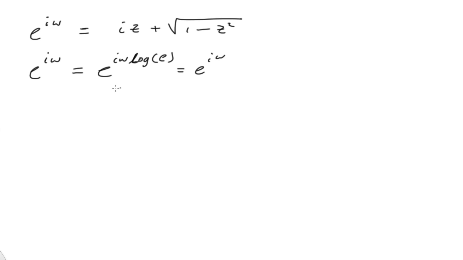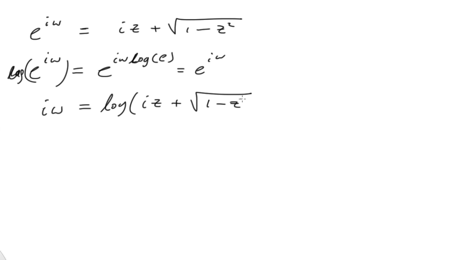But another way to put this is that we can take the complex log of the whole thing and then get out e to the iw. But we just got to remember this is the multi-valued log function, equal to log of iz plus root 1 minus z squared. And that means that if I multiply both sides by negative i, I get w is equal to negative i times log, this is the multi-valued log function, of iz plus the square root of 1 minus z squared.